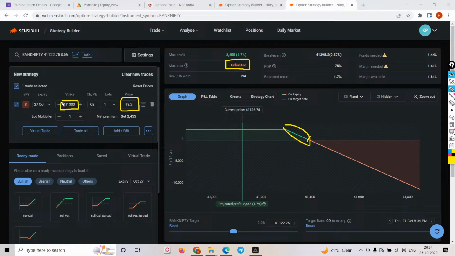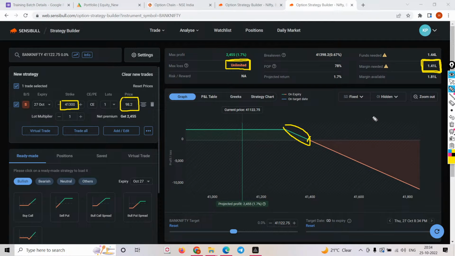His view is the market will not go below 41,300. So let's say tomorrow we have an upper circuit of 100%. Do you think the option seller has to pay all those unlimited losses, because at the end of the day he's paying only 1,41,000? Do you think the option seller has to bear all this loss?